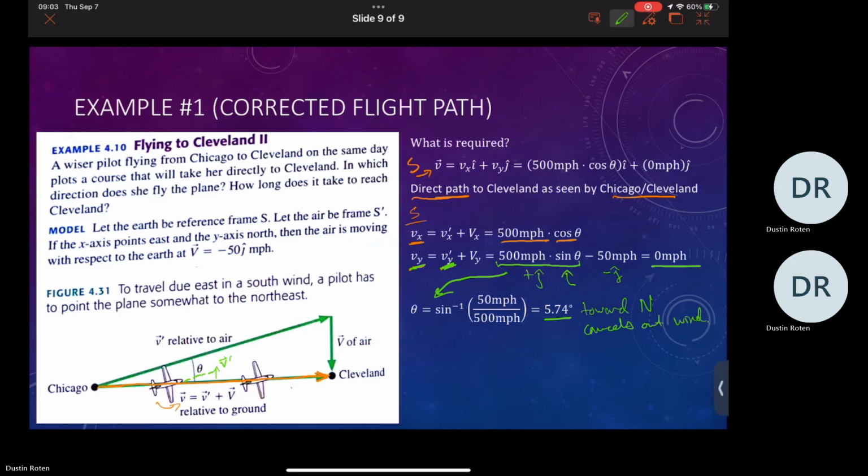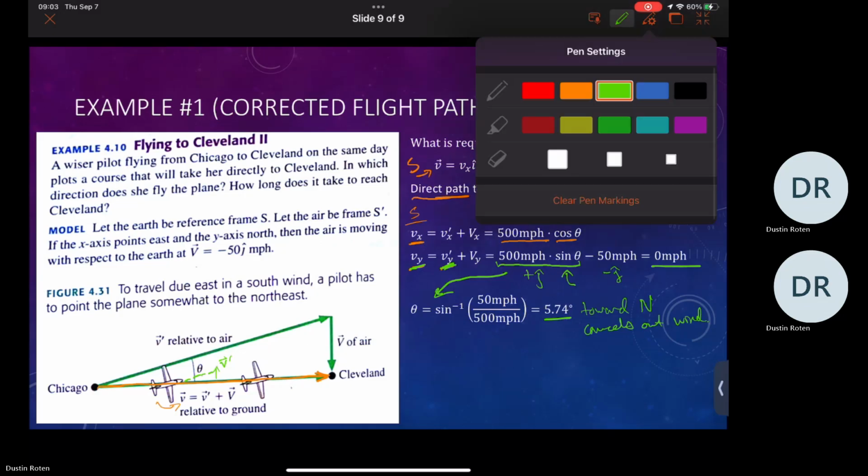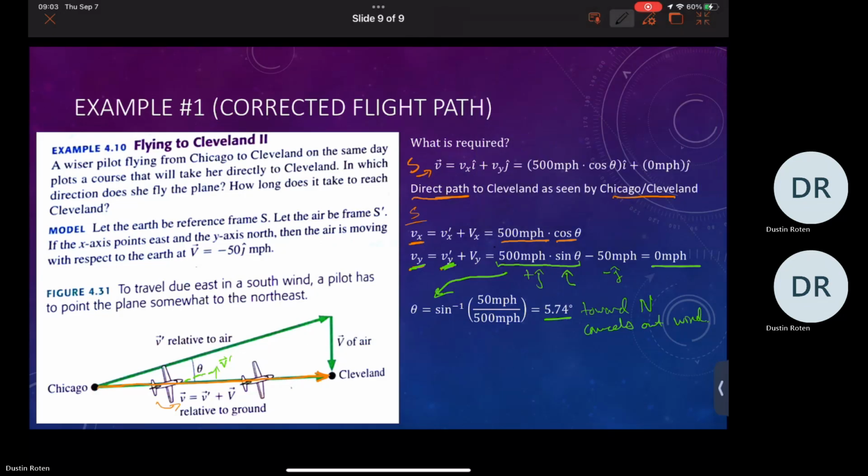That cancels out the wind, and you can see that up here in this original equation. Essentially, if you plug in the 5.74 degrees into sine theta, that's going to make sure that the left-hand side equals 0. Okay, so if we fly at a heading of 5.74 degrees, it will look like from Cleveland and Chicago's vantage point, we're flying straight across. We're not going to be affected by the wind.